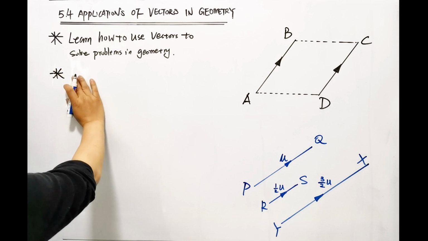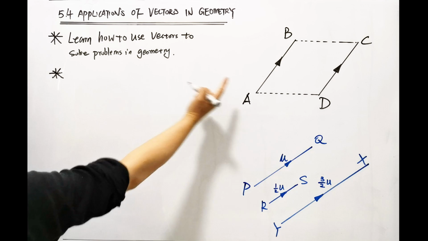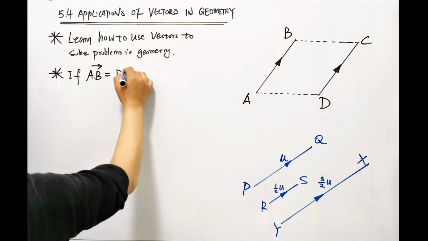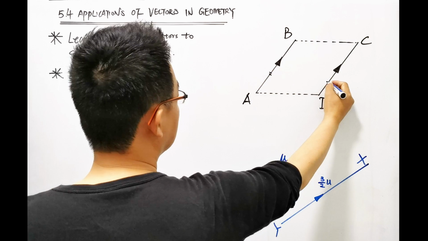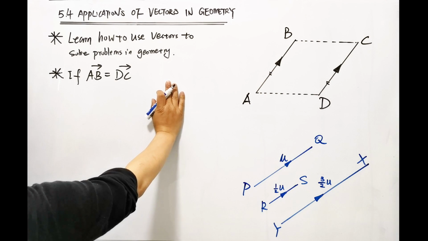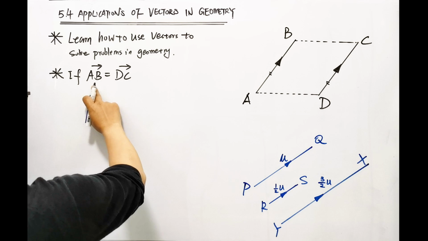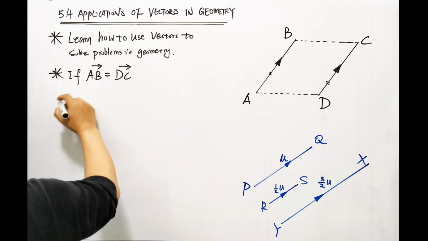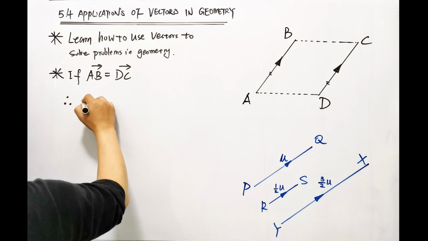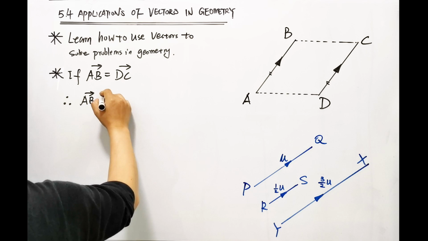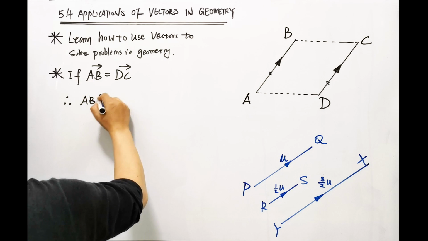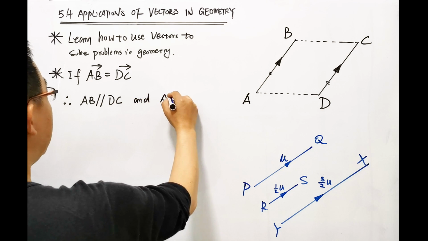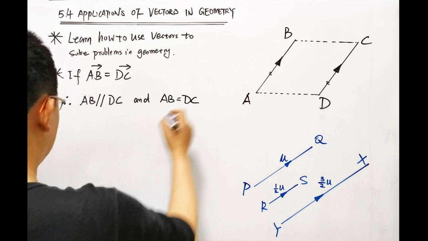In this diagram, if AB equals DC, which means these two vectors are equal to each other, then immediately we will know that these two lines are parallel to each other, and the magnitudes of AB and DC are also equal.